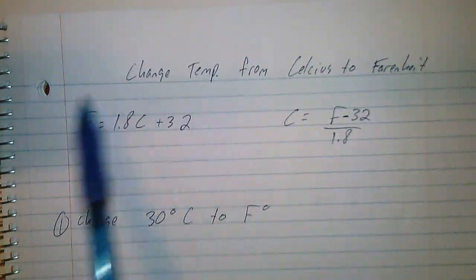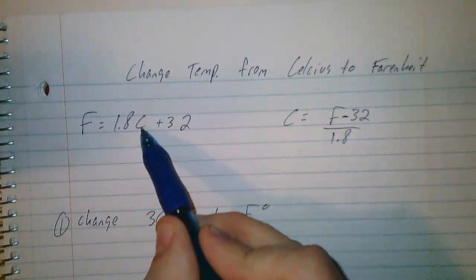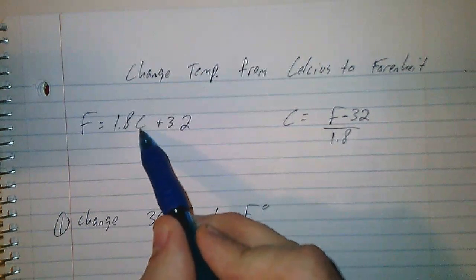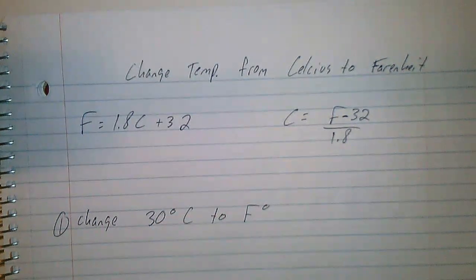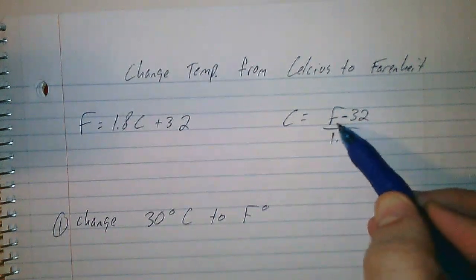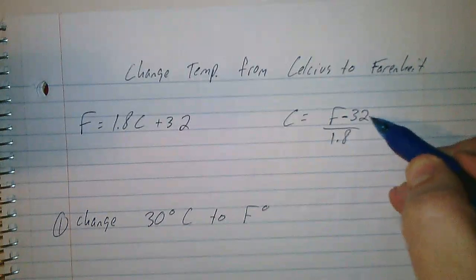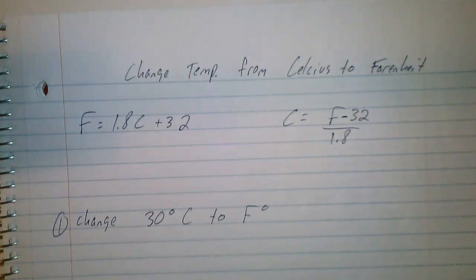Here are the two formulas that you will need to use. Fahrenheit is 1.8 times the degree you're given in Celsius, plus 32. If you want to convert to Celsius, but you're given Fahrenheit, you take that Fahrenheit temperature, subtract 32, and divide that value by 1.8.